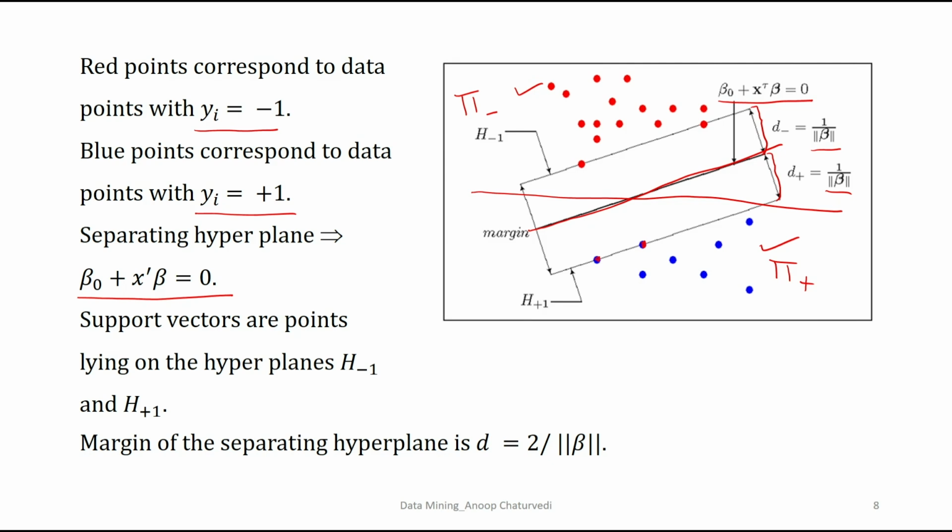Then it may happen that just a slight change in this observation, or suppose there is some observation here also, then just a slight change in this observation may classify the observation into another class, or may change your result.